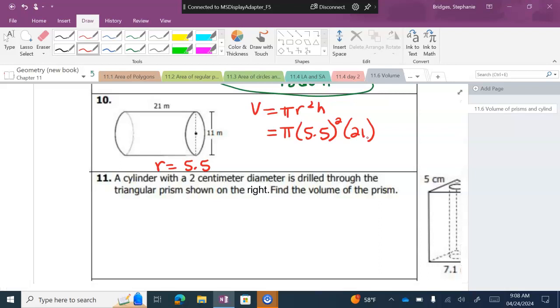Then multiply that by 21. 635.25, and we stick our pi on it. Rectangular prisms are easy. Cylinders are easy because you really mostly have everything you need. You just plug them into the formula. It's when we get to the triangles and the trapezoids that it becomes a little bit more difficult.